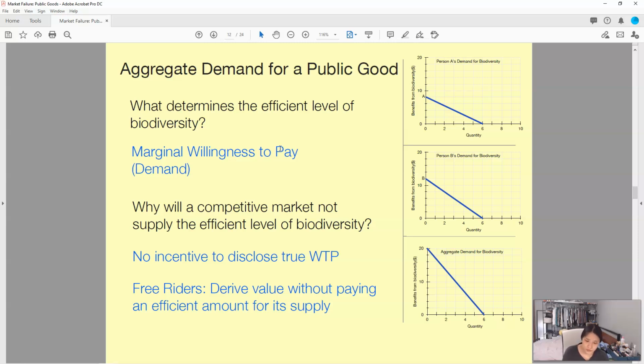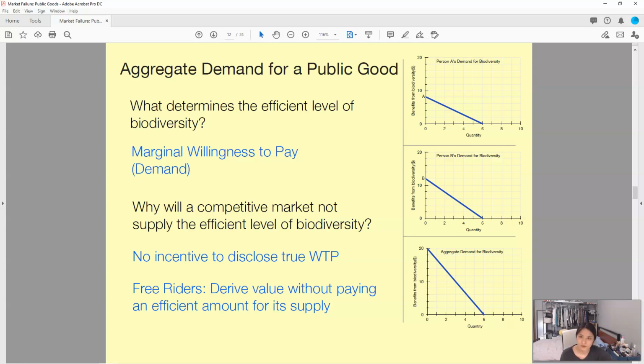So from those two reasons, people would have no incentives to disclose true willingness to pay. So that is also called a free rider problem.